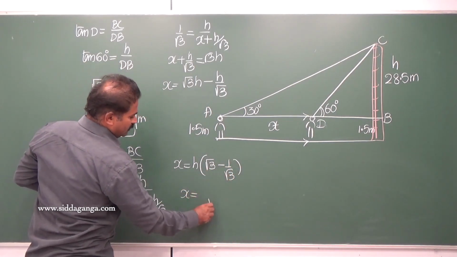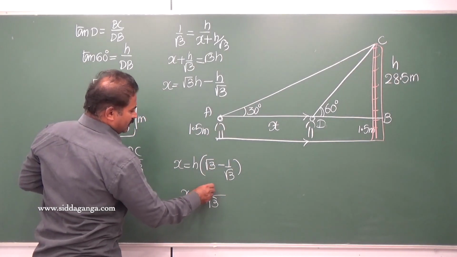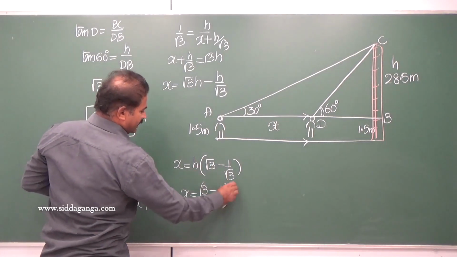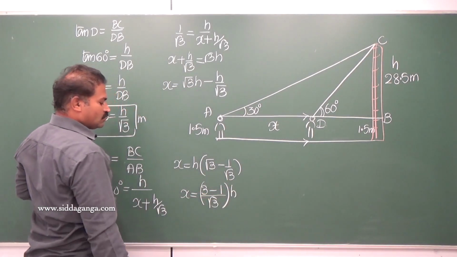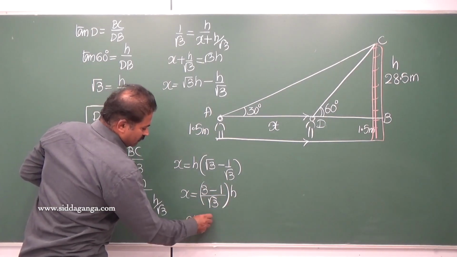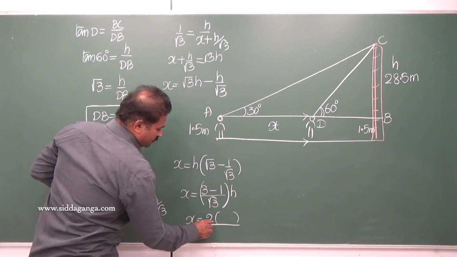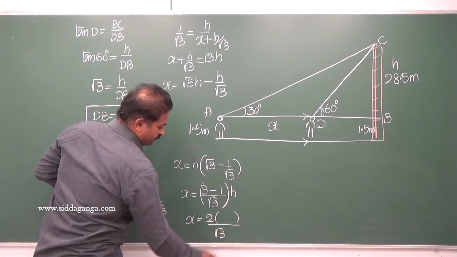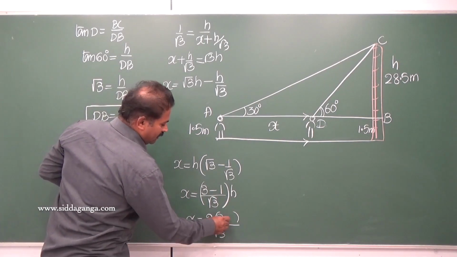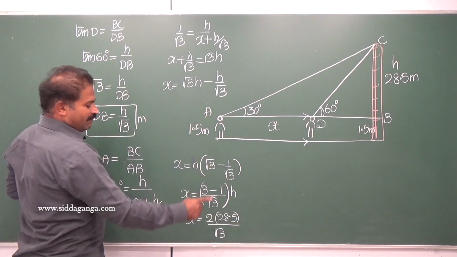X is equal to root 3 into root 3 is 3, minus 1, into what you are left with, H. So 3 minus 1 is 2, 2 by root 3 into H. So X is equal to 2 by root 3 into H. So what is H? H is 28.5 meters.